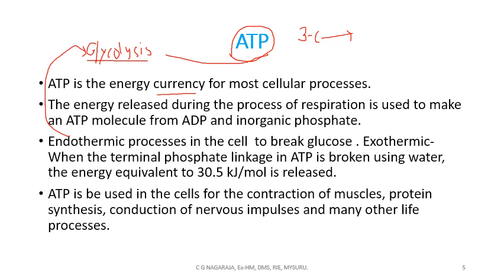That is what's called an exothermic reaction, that will produce energy in the form of ATP molecules. So it happens in 2 steps that you will study in your higher classes in detail. ATP is used for all kinds of reactions in our body.